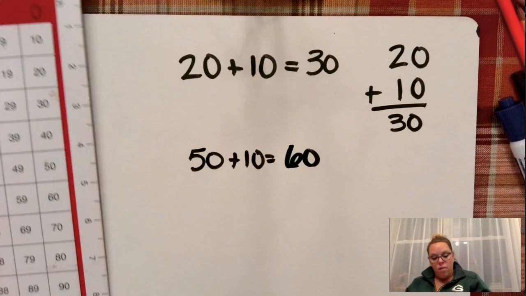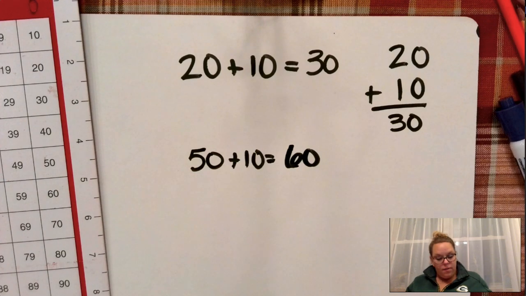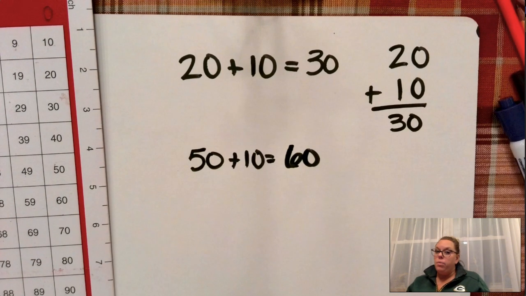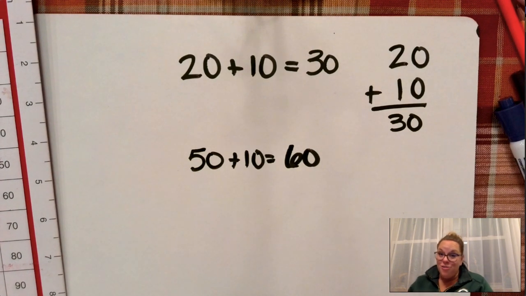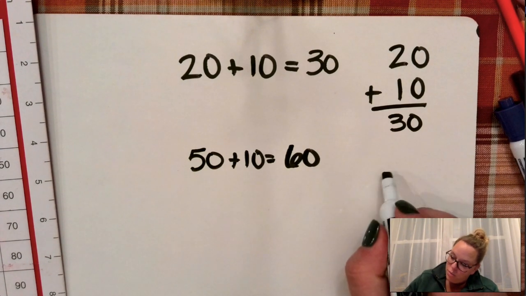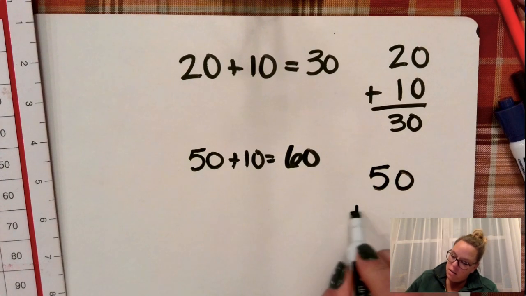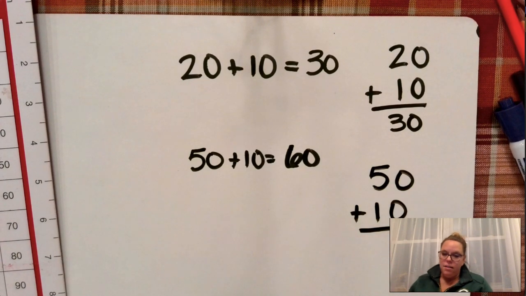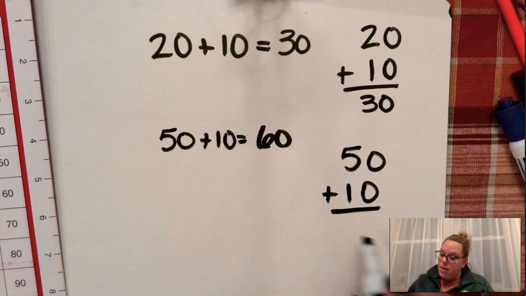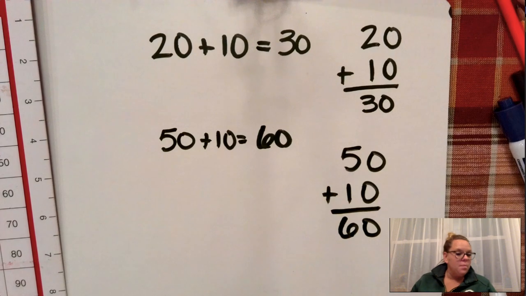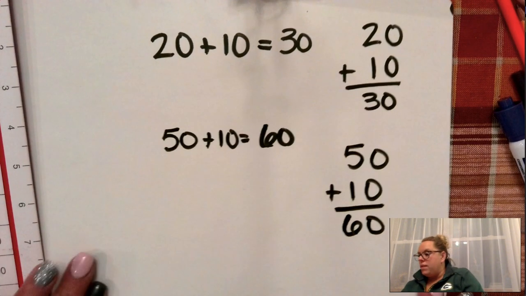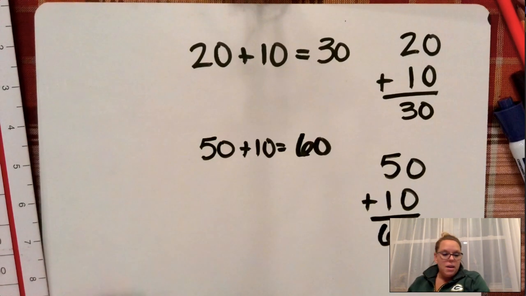Okay, now we just said 50 plus 10 is 60. We wrote it going horizontally. Remember that we can also go vertically. So the other way to write it would be 50 plus 10 equals, and we would get the answer of 60.